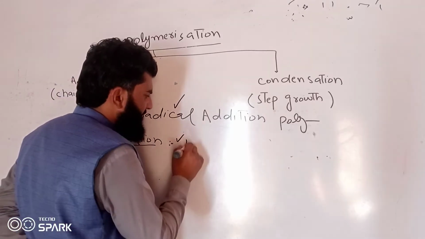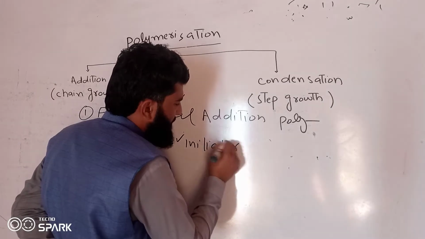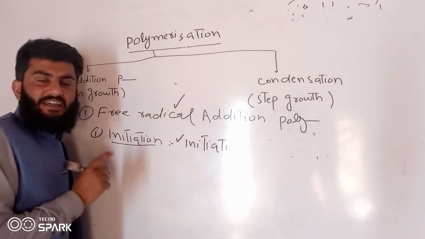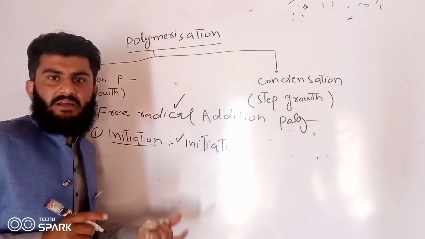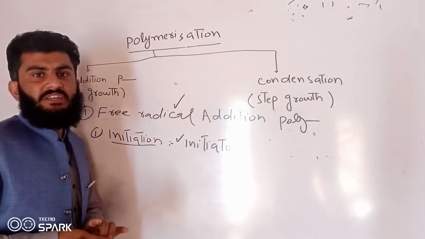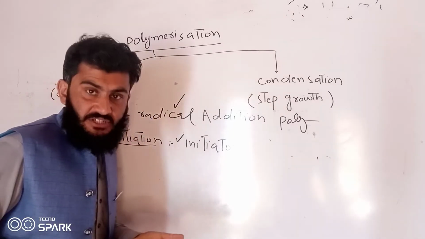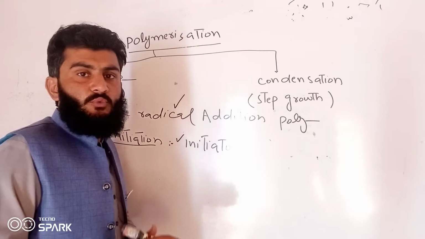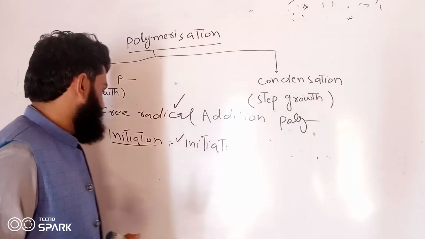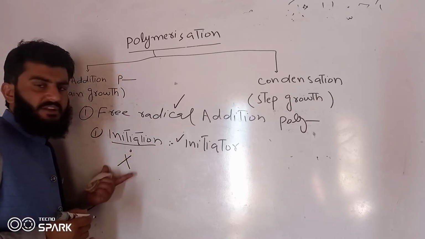What type of initiator do we need? We need an initiator having an unpaired electron. In other words, for initiation of free radical polymerization we need a free radical.